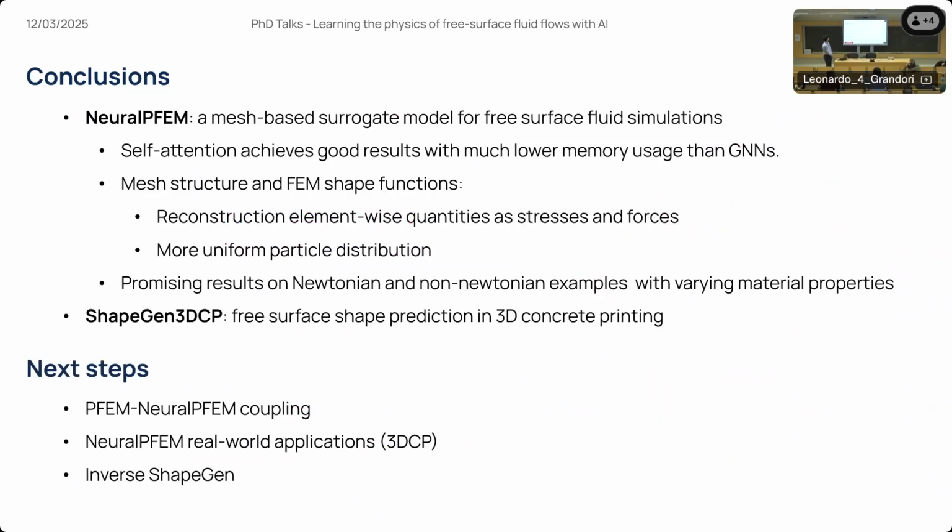So to conclude, I showed you two different surrogate models for free surface flows, Neural PFM and ShipGen 3DCP. Neural PFM reconstructs the whole dynamics of the system, and ShipGen 3DCP focuses on predicting the cross section of a 3D concrete printing simulation.